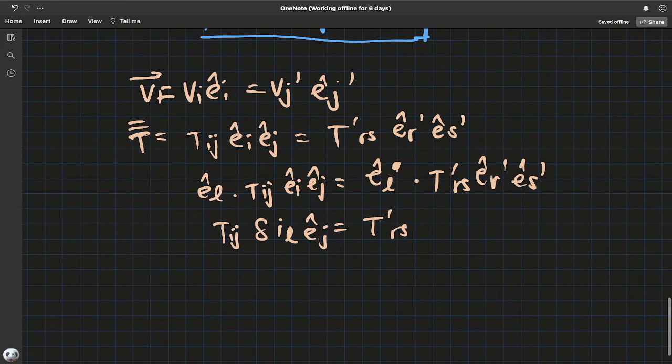Again, take the first component in the tensor product, which will give you the matrix a sub rl, because that's how we define them, right? The primed system dotted with the unprimed will give you a sub primed index times unprimed index.